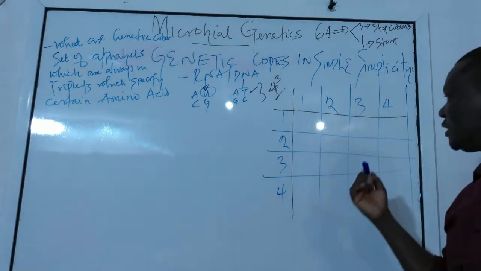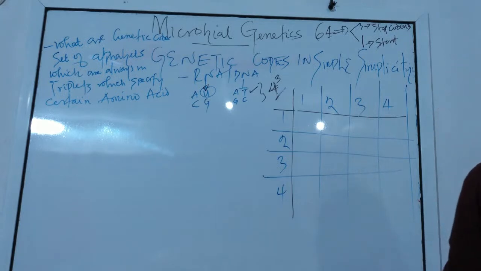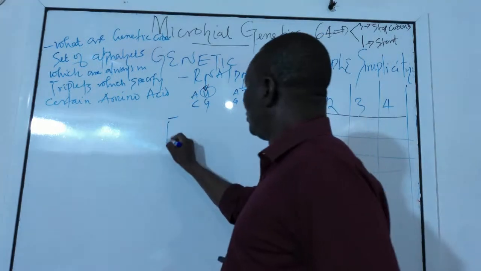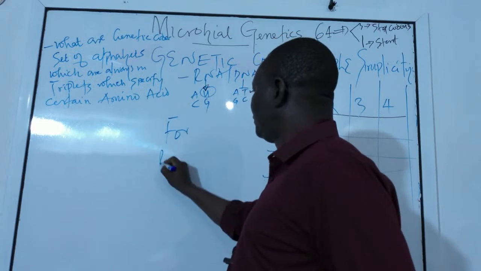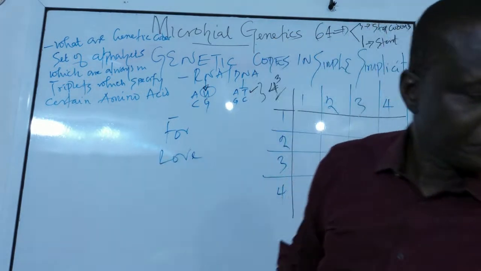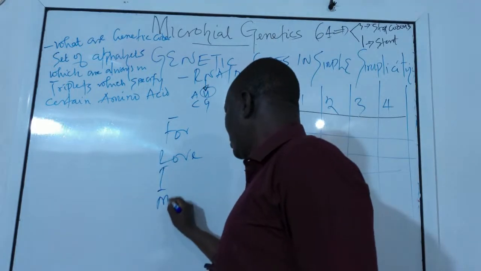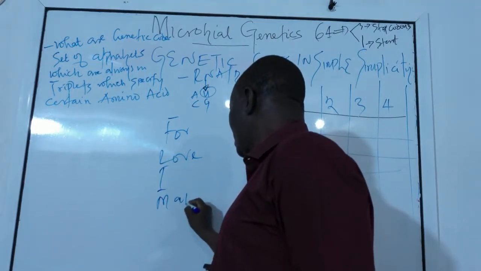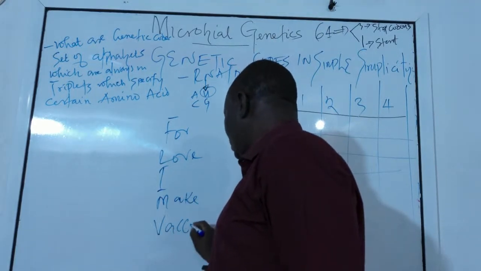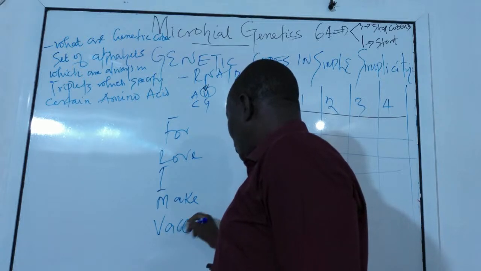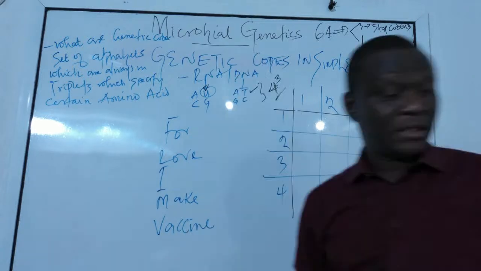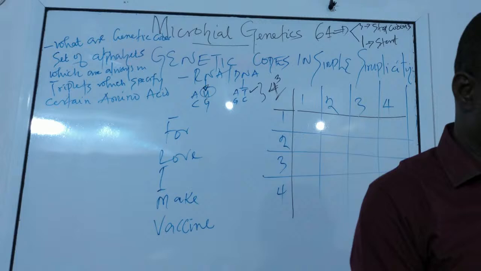So the first thing you will do is combine this phrase: for love, I make vaccine. You could also use another set of mnemonics to learn this.